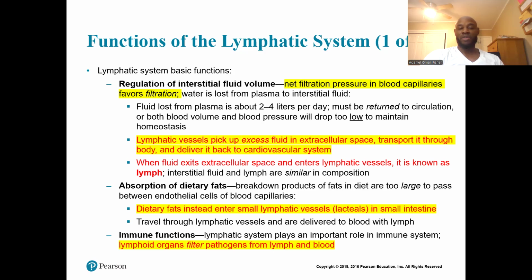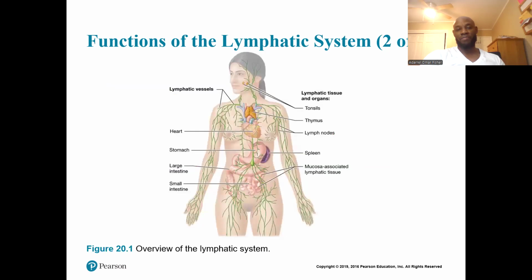And then we have, like we talked about on the previous slide, the immune functions of the lymphoid organs, able to filter pathogens from your bloodstream. This is showing you the lymphatic system, lymphatic vessels. We have tonsils, which we're going to discuss, called MALT. We have the thymus, which makes T cells.